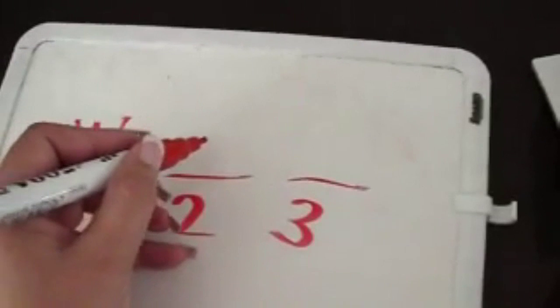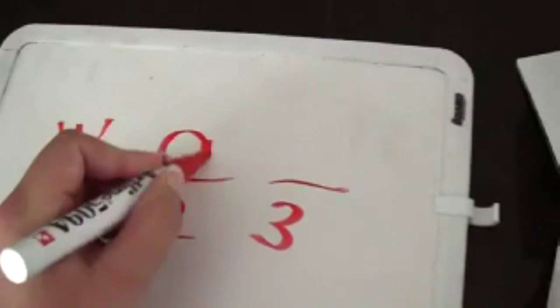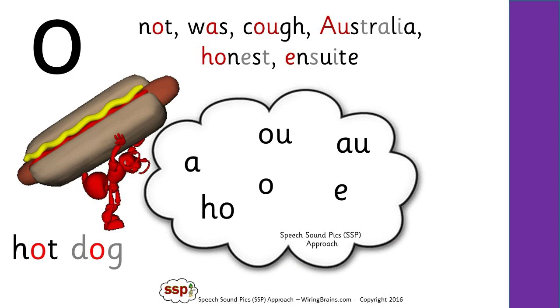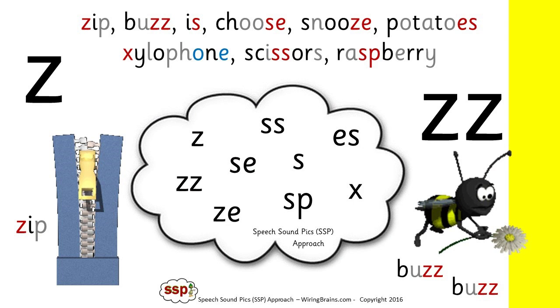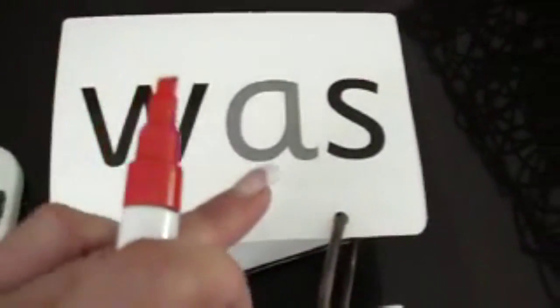W, o, z. Let's take a picture of the o in the word was. O. Let's take a picture of the z in was. W, o, z. Was. There it is. W, o, z, was.